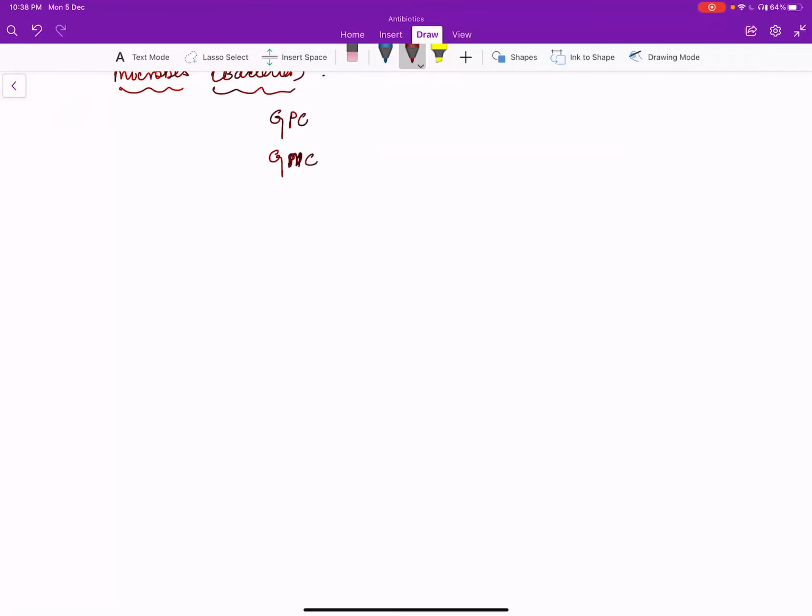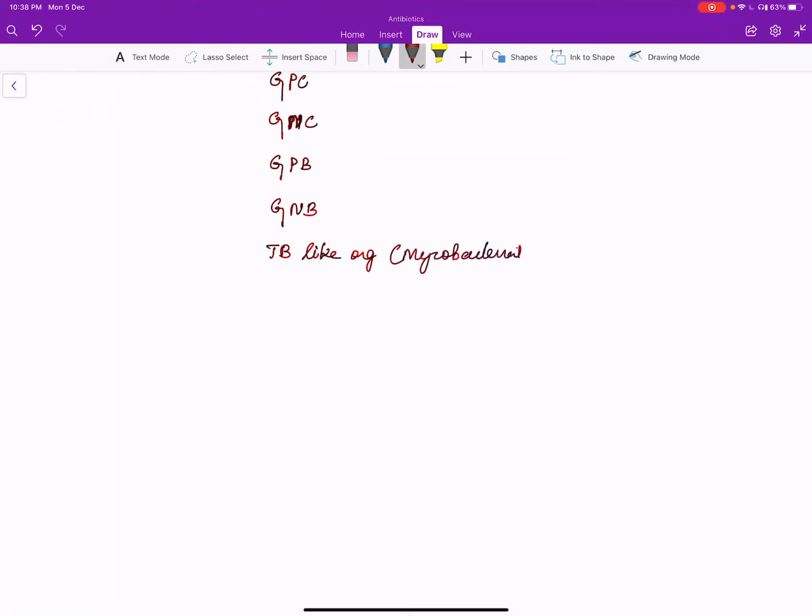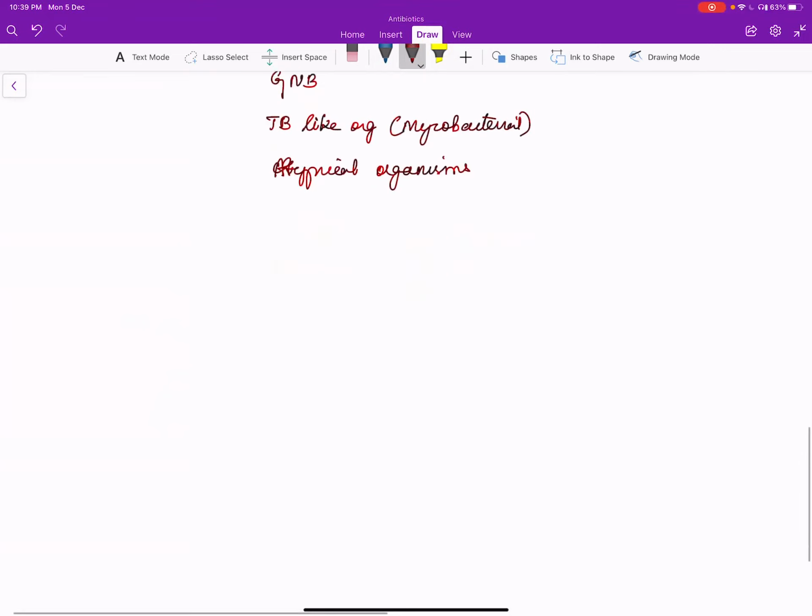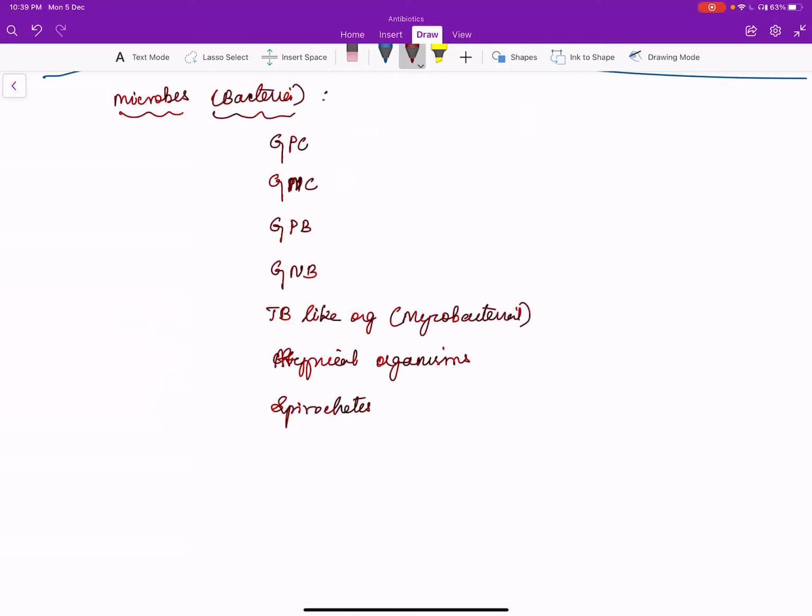You can stop me in between whenever you are not able to follow. This is a crude way of classifying microbes.